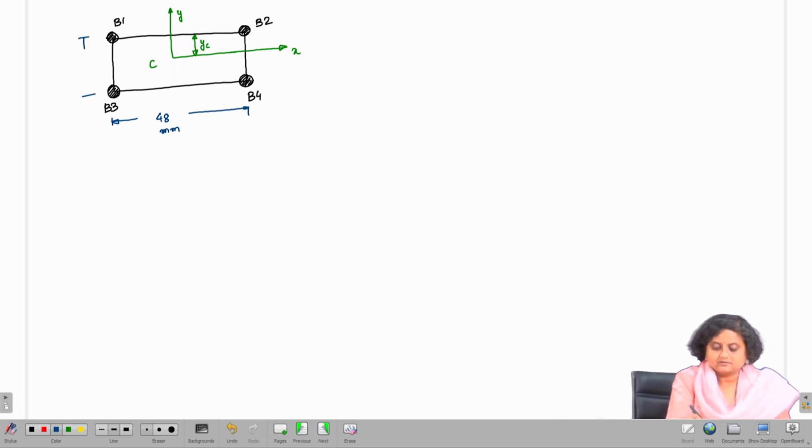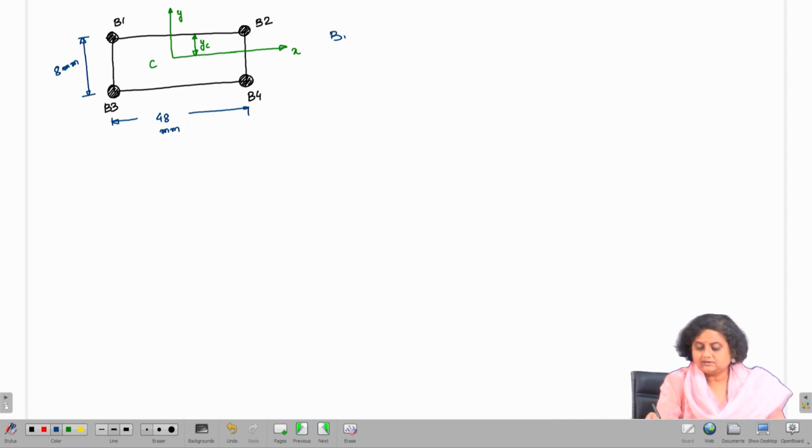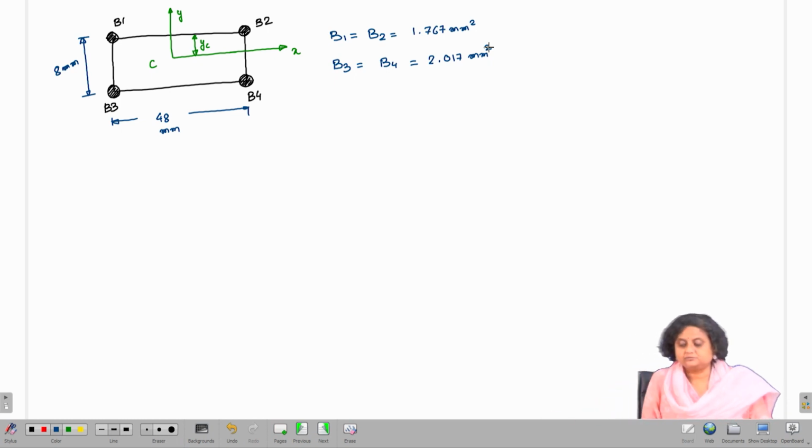This length is 8 mm. We have found B 1 is equal to B 2 is equal to 1.767, and the second point is B 3 is equal to B 4, which is 2.017 millimeter square. So, this is what we have figured out.